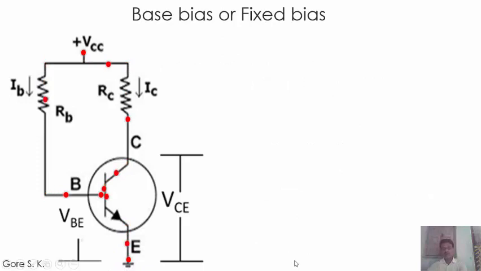Now let us apply Kirchhoff's voltage law around the output loop, and here the output loop is like this. This is the VCC, this is the resistance RC, and the current flowing through it is IC, and the voltage between collector and emitter is VCE, and this is the ground.